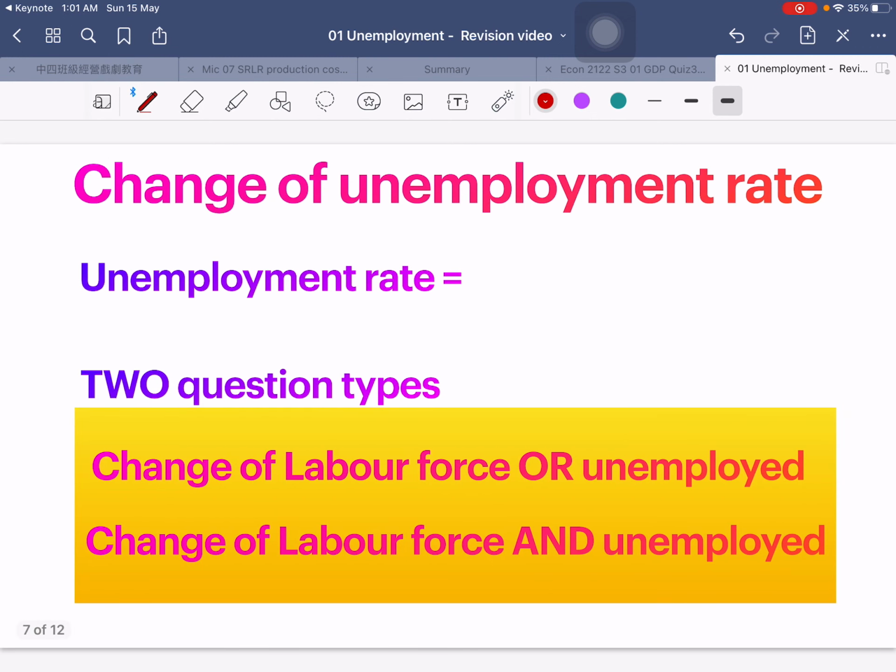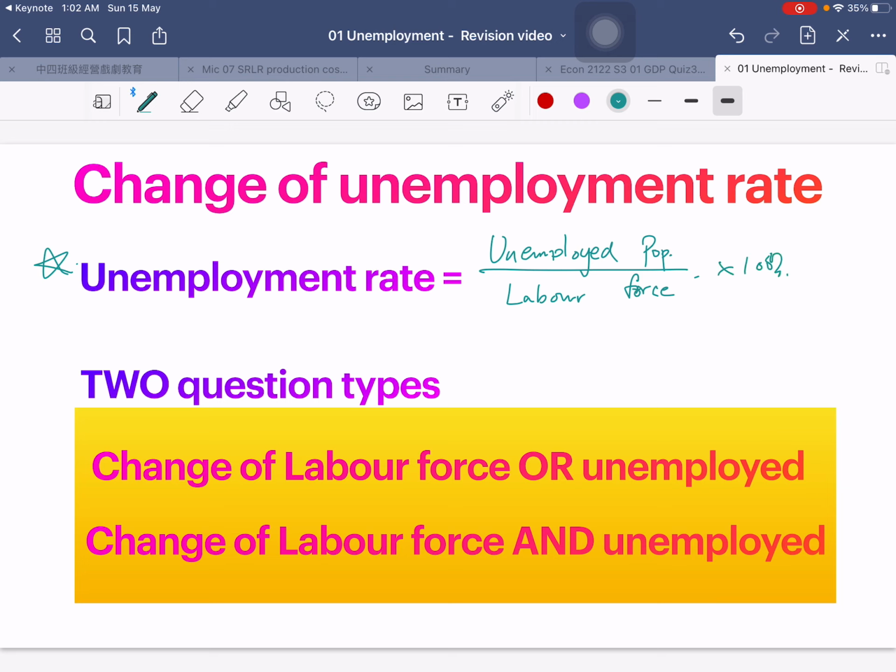Then the last part is the most challenging part, which is the change of unemployment rate. In this part, you have to understand several things. The most important thing is the equation of unemployment rate, which is unemployed population over the labor force times 100%.